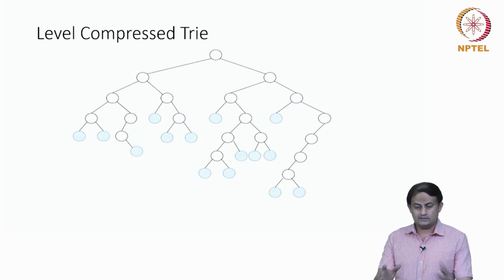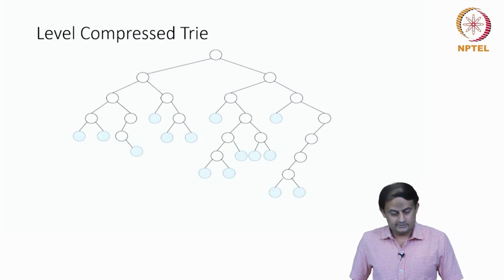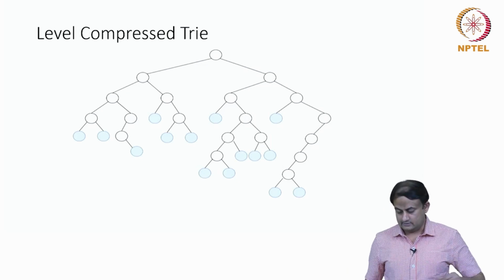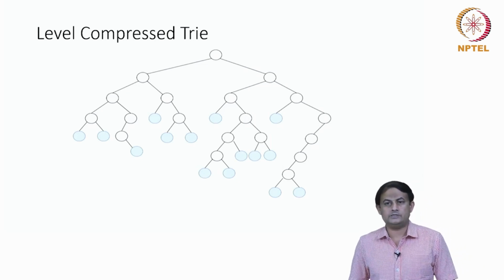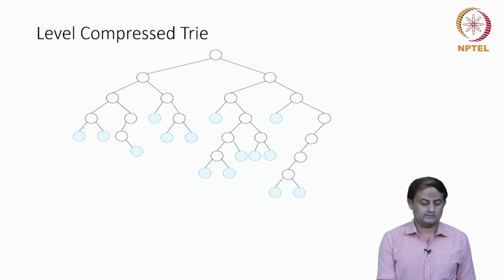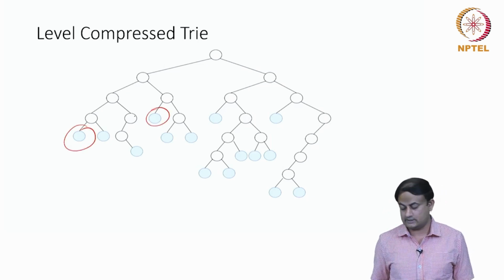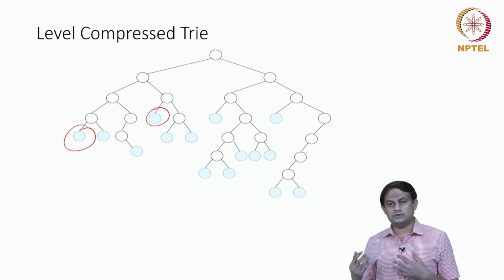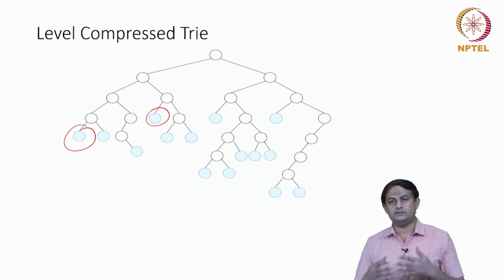So here is a binary trie, which has some nodes. An interesting thing to note about this binary trie is all the marking that is here. For example, the nodes which are filled with the blue color are the ones representing the prefixes.